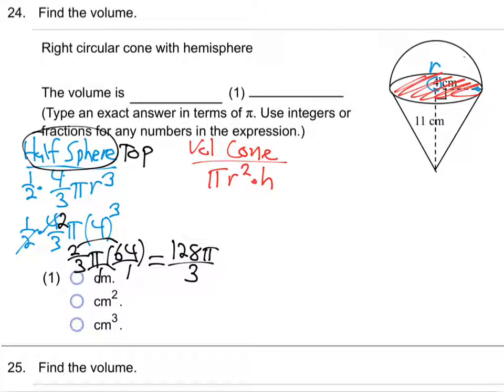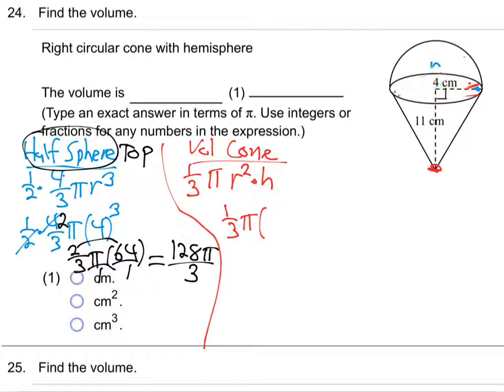But when they come to a point, like a pyramid or a cone, you put a 1/3 in the front. So that's how volume formulas work. 1/3 pi r squared h. So have that formula on your notes for the exam, 1/3 pi r squared h. So let's use that. 1/3 pi, let me separate these here. We're going to add them in a minute. And what's the radius? Again, it's the 4, isn't it?